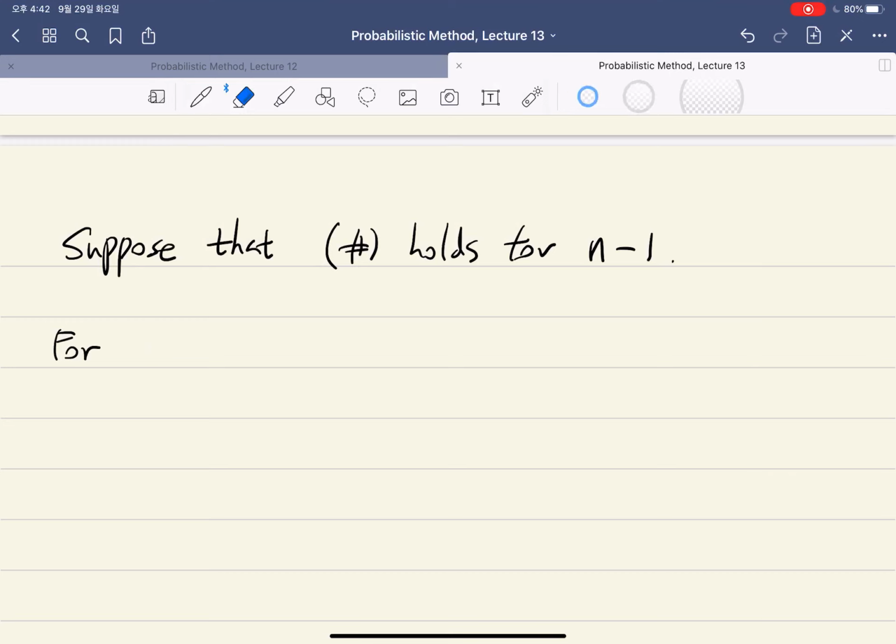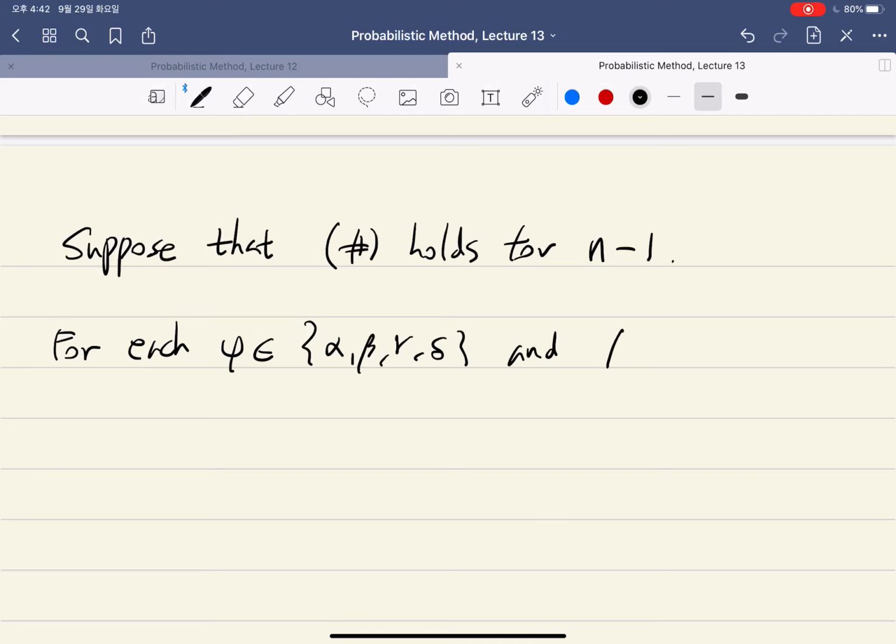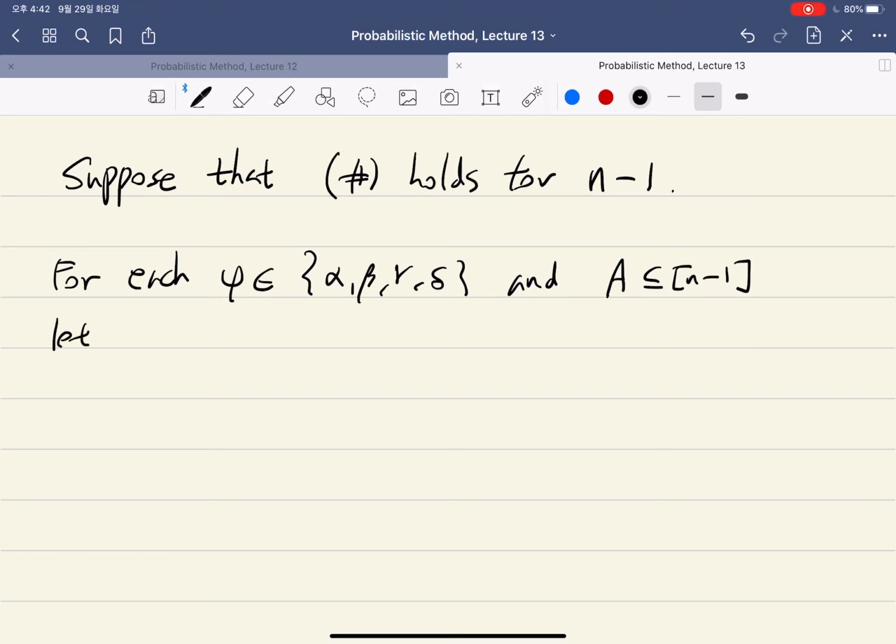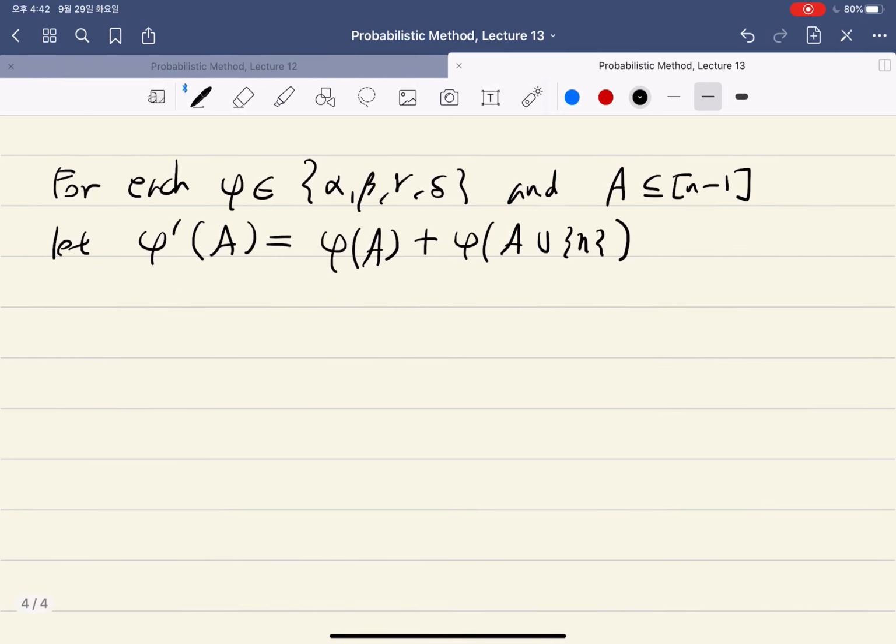For each phi, which is either alpha or beta or gamma or delta, and A, which is a subset of n-1, we let phi prime of A be nothing but phi of A plus phi of A union n. Then what do we know?